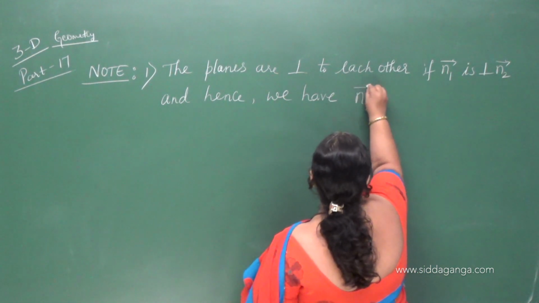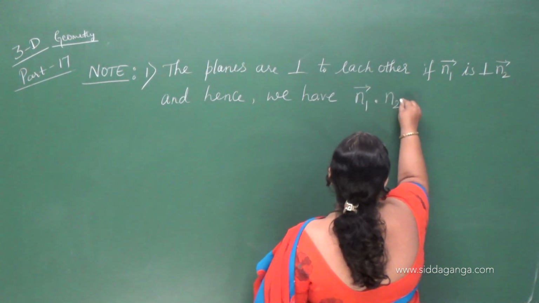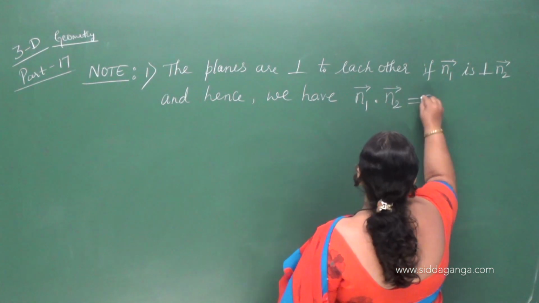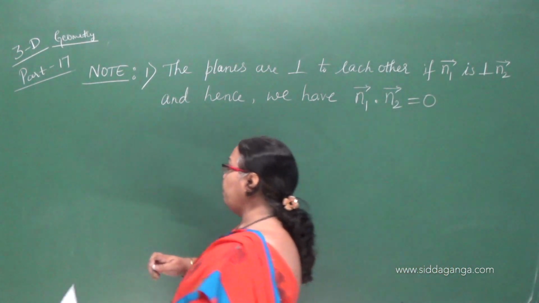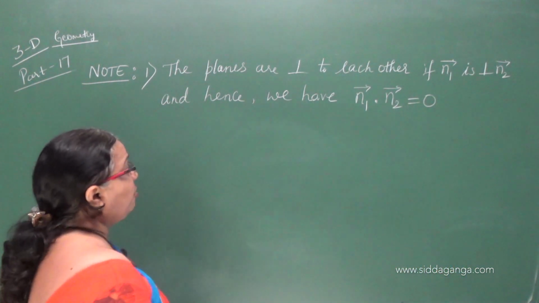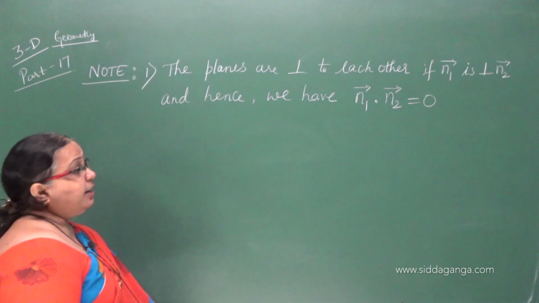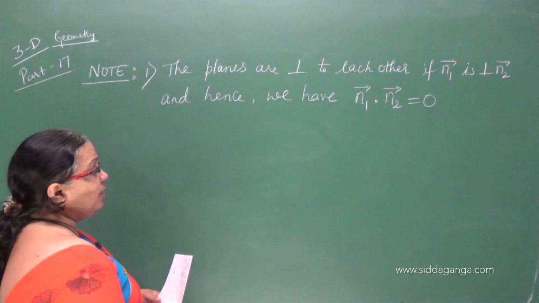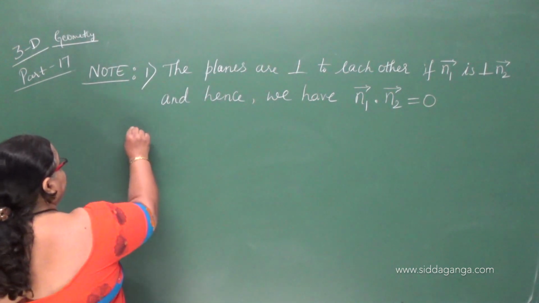We have n1 vector dot n2 vector equal to 0. And the two planes are perpendicular to each other if n1 vector is perpendicular to n2 vector.